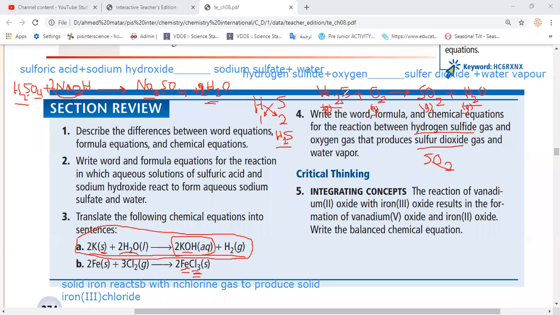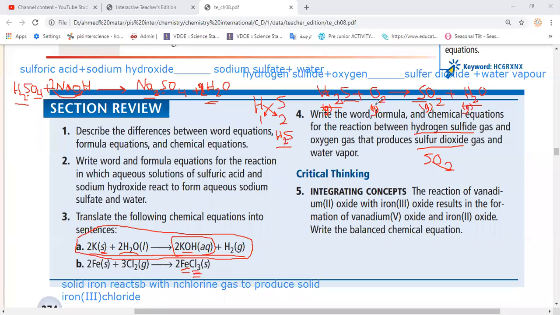Then how many sulfur do we have here? 1. And how many sulfur here? 1. A word equation is qualitative, but this one is already balanced for sulfur. It's good.